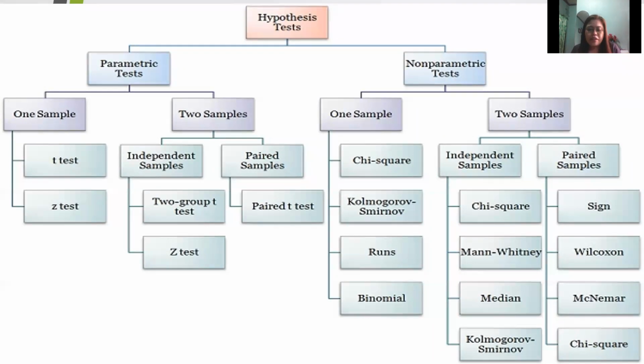And then after 24 hours, you test again. Now, if you want to see if there is a significant difference between the first hour and the 24th hour, we will be using the paired t-test.